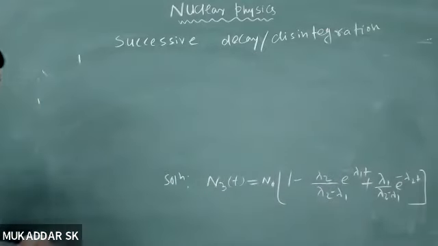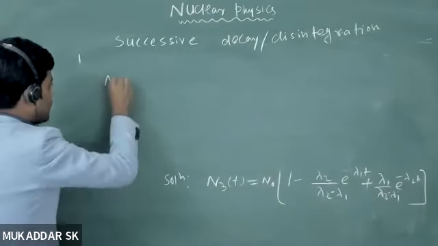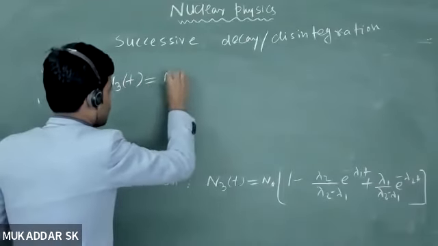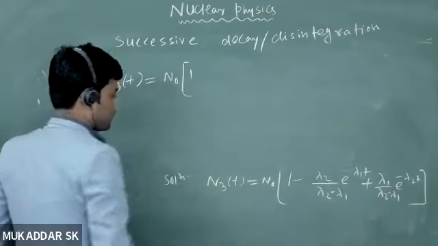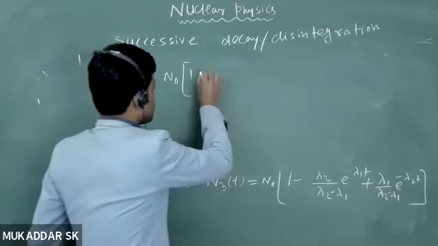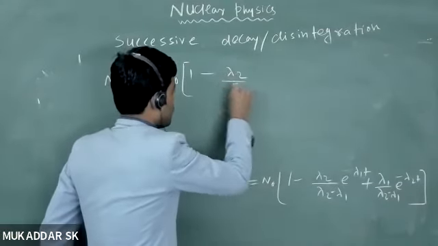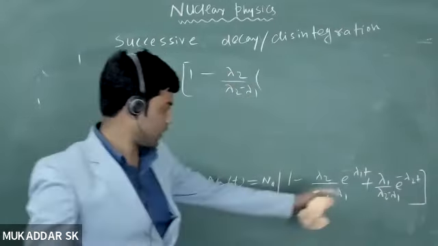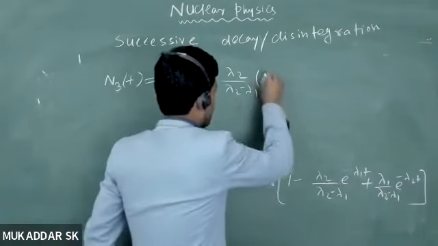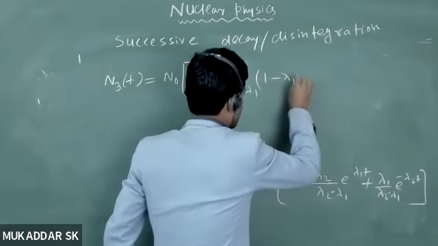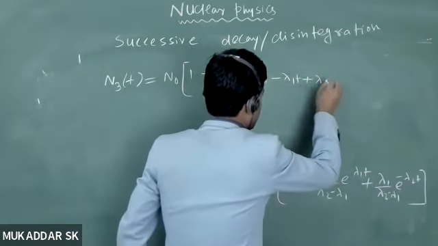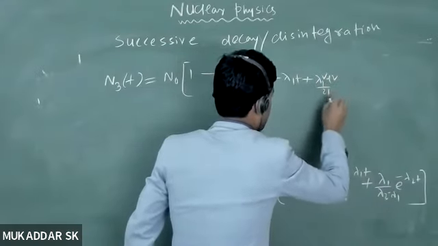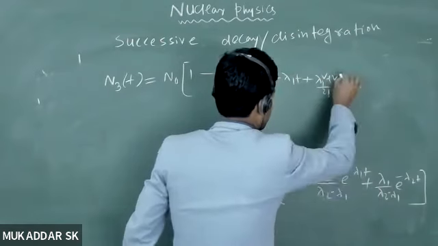So if you do that, you'll have N3 of t equals N naught, first term lambda 2 by lambda 2 minus lambda 1. Now I'll expand that: the first term will be 1, the second term will be minus lambda 1 t, and the third term will be lambda 1 square t square by factorial 2.